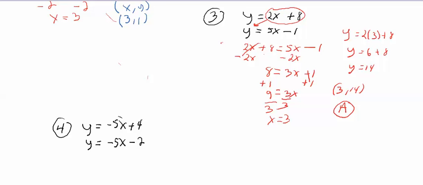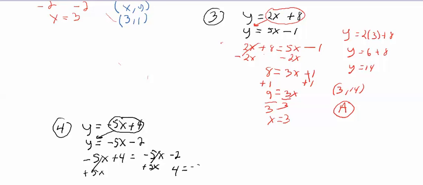So I'm going to substitute, taking this equation and plugging it in down there. So I have negative 5x plus 4 is equal to negative 5x minus 2. Add 5x to this side, add 5x to this side. They're gone. Is 4 equal to negative 2? It is not equal, so this one is no solution. And that is letter A.